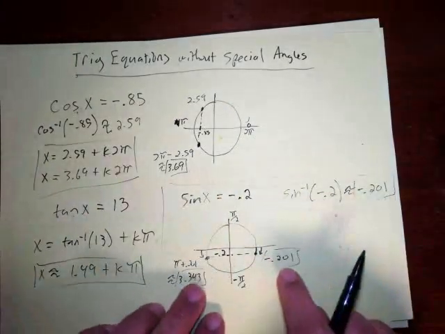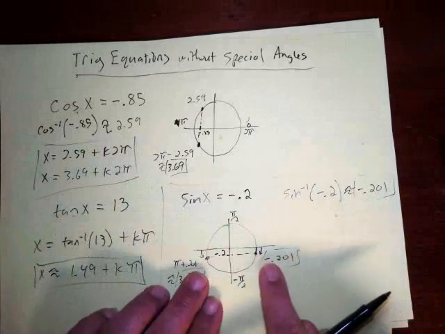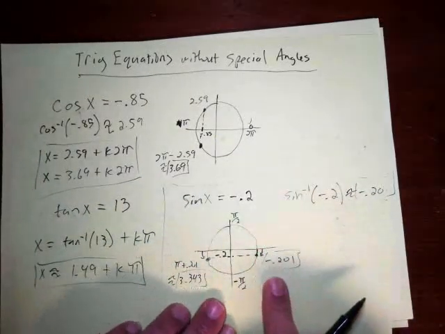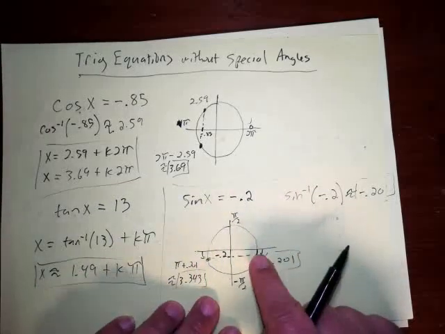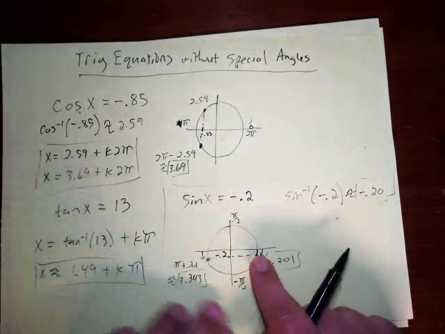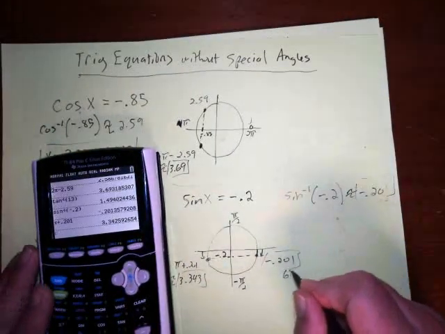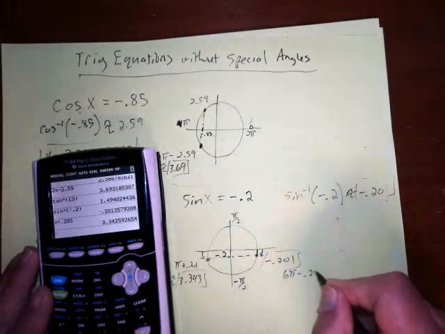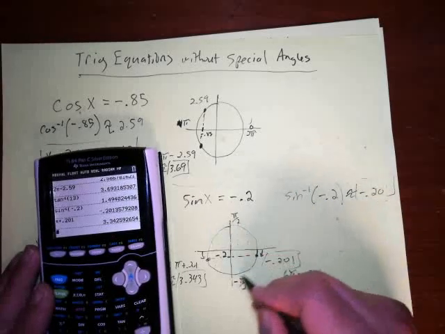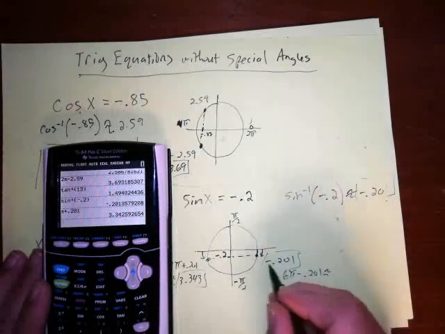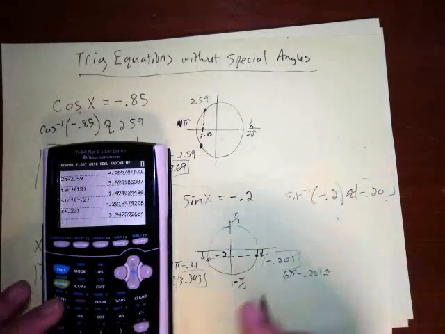Now you might want those 2 solutions, you don't have to, you could use these 2. But me personally, I like to get the 2 solutions that are between 0 and 2 pi. So if I want to do that, all I have to do here is take 6 pi minus 0.201. So 6 pi is all the way around, and then I go back that little bit, and that's going to give me the coterminal angle here.